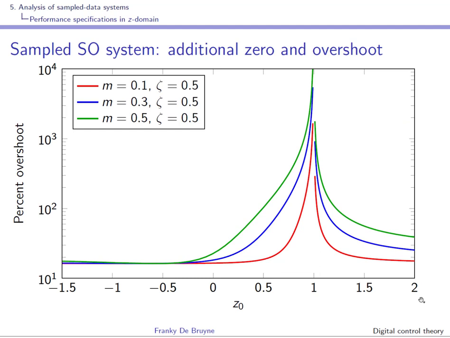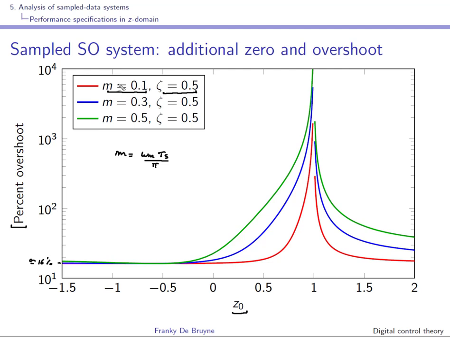We can also have a look at the relation between the position of the zero and the percentage overshoot. Remember that we have a zeta of 0.5, so we expect a percentage overshoot around 16 to 17%. If we look at m equal to 0.1, remember that m is the natural frequency times Ts over pi.